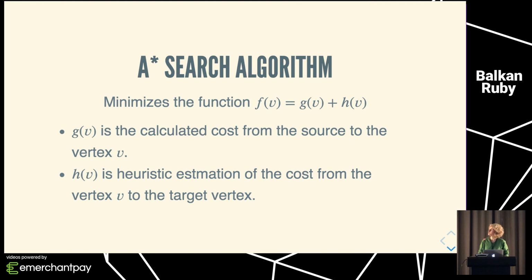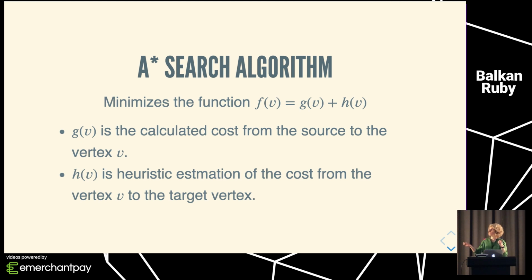The A* search algorithm is one of these cases. In this case, we have our graph, but also some additional information, so we can estimate the distance between one vertex and the target vertex.